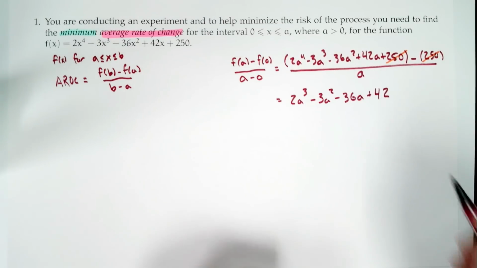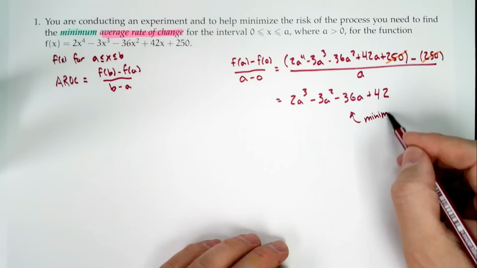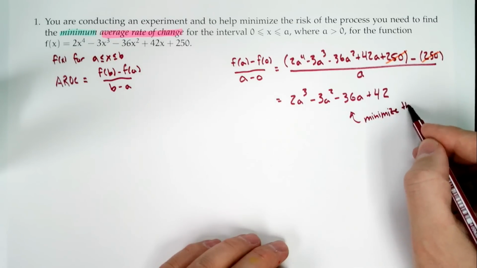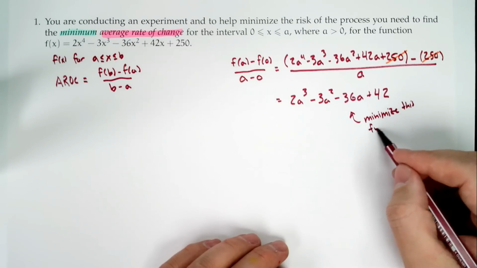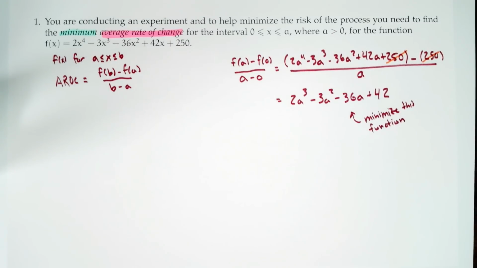So our goal is we want to minimize this function. And so in particular, we were thinking, well, how do we minimize it? The only thing we can choose is a. All right, so now we've done the hard part of an optimization problem. We have solved for a function.